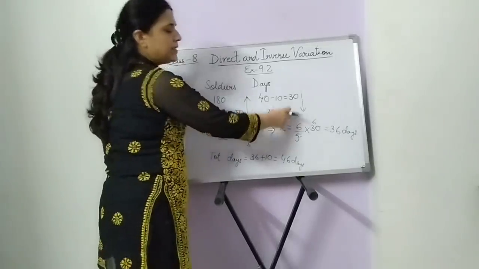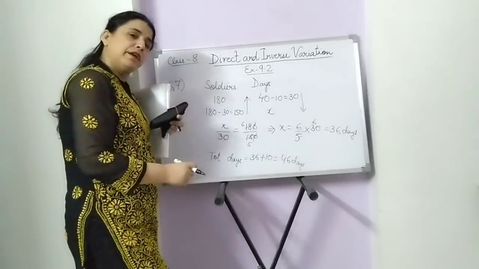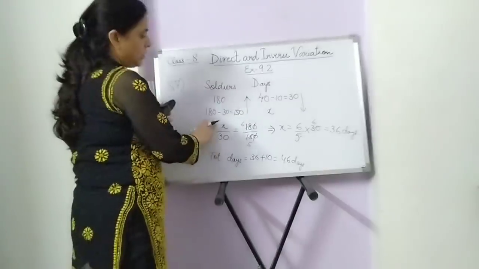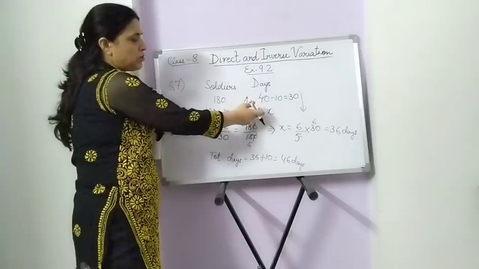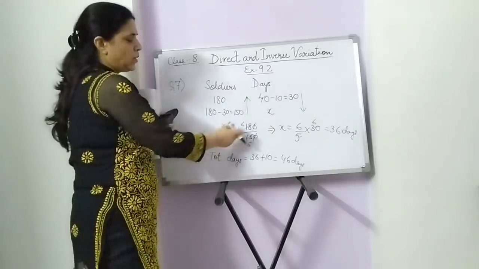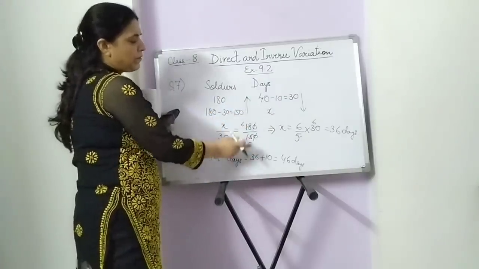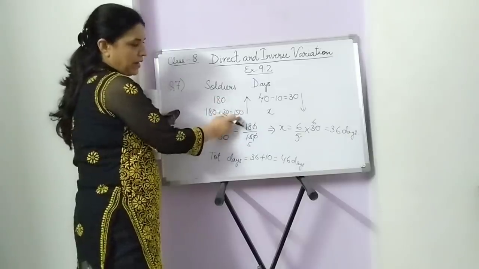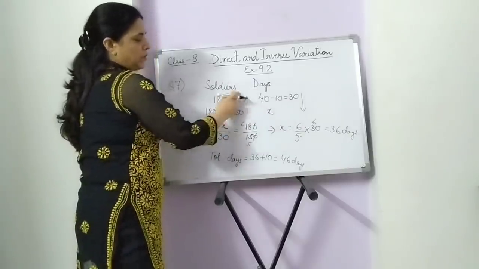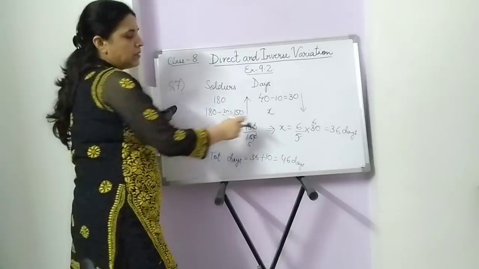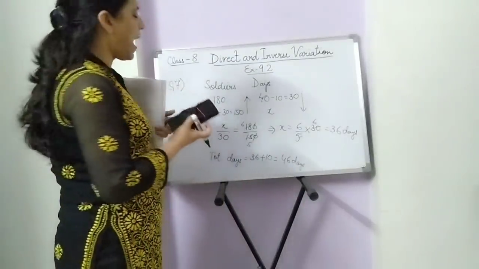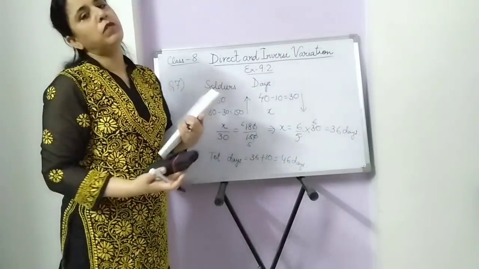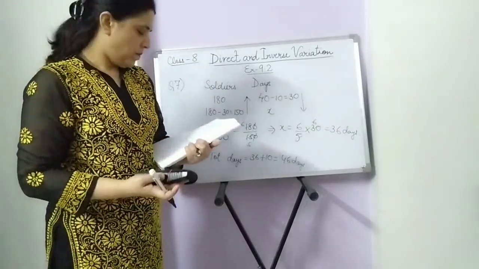How many days will the leftover food last? Both arrowheads are in inverse direction because it is inversely proportional. So x upon 30 is equal to 180 upon 150, head upon tail equals head upon tail. So x becomes 36 days, and for the total number of days we add the 10 days for which the ration was consumed before.